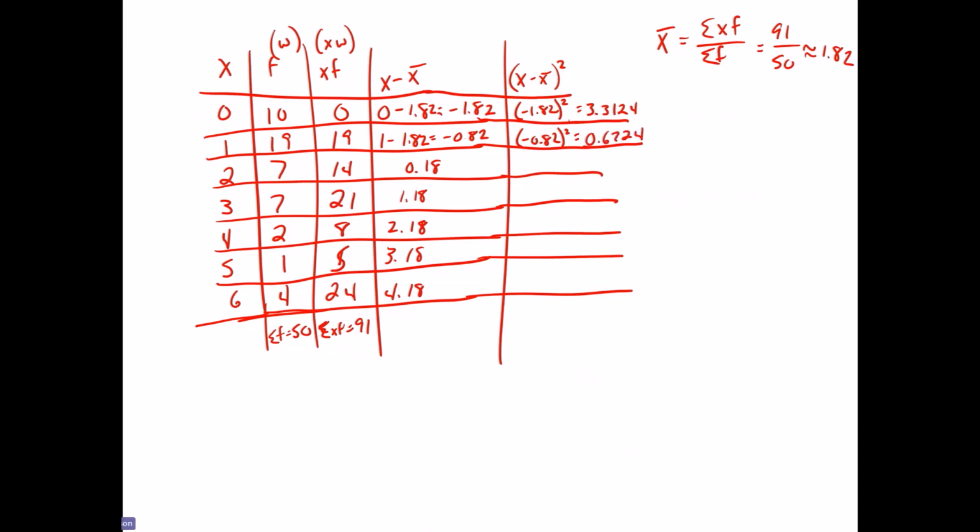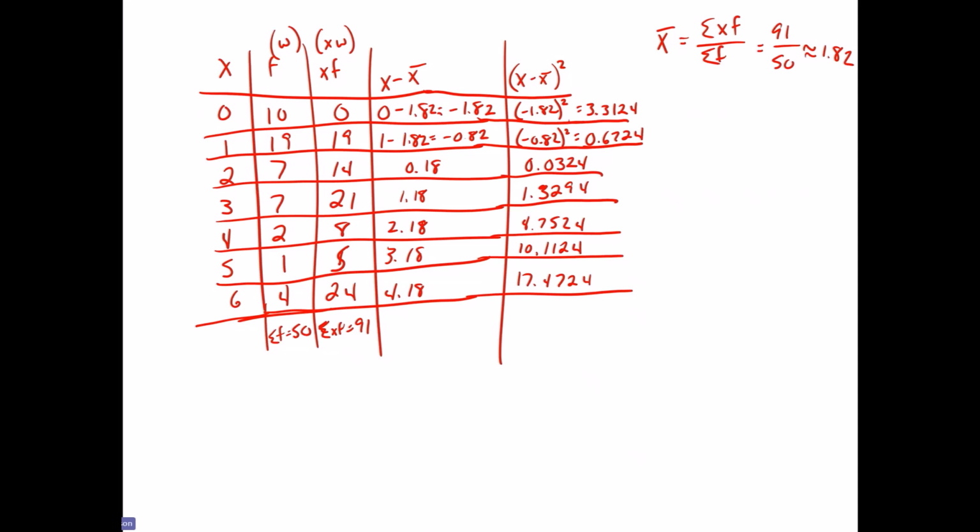And then we keep going down that route. So 0.18 squared gives us 0.0324. And then we get 1.3294, 4.7524, 10.1124, and 17.4724.